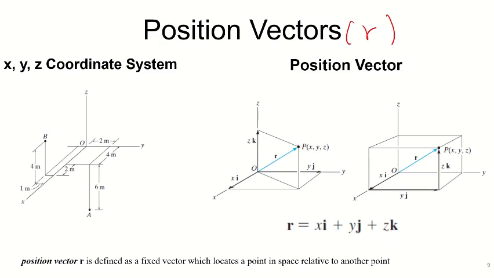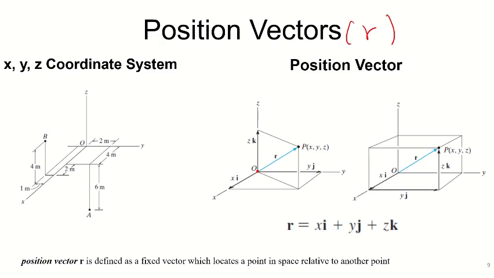If I say again, if r extends from the origin of coordinates O to point P, which has coordinates x, y and z, then the position vector r can be expressed as xi plus yj plus zk, right?